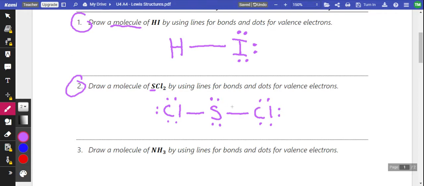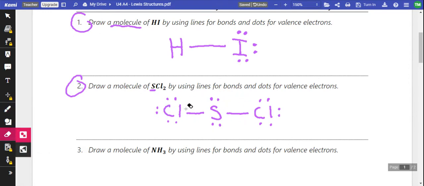Each chlorine winds up with 1, 2, 3, 4, 5, 6, 7, 8 valence electrons. So that's happy. That's stable. And our sulfur is going to wind up with its original 1, 2, 3, 4, 5, 6 plus 7 from this bond and 8 from that bond. It also has an octet, so it's ready to go.